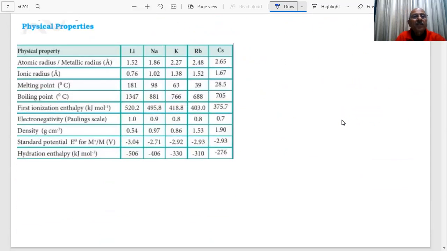Here are some of the physical properties of alkali metals. Atomic radius is increasing down the group. Ionic radii are increasing down the group. Melting points are given in degree Celsius.